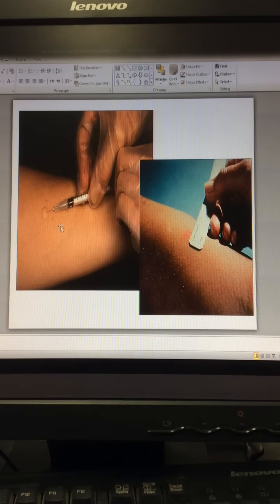This is the process of the tuberculin skin test: introducing the PPD into the subcutaneous tissue, leaving it for 48 or 72 hours, then observing the erythematous reaction, measuring its diameter, and considering any induration or ulceration of the surface to make your diagnosis, either a positive or negative tuberculin test.